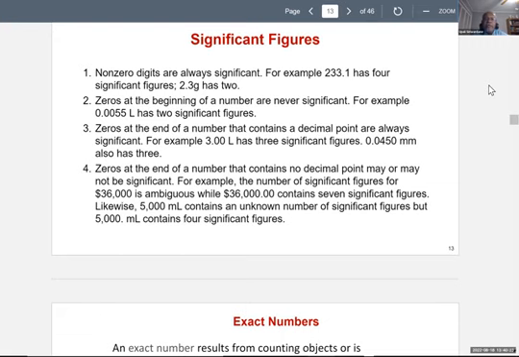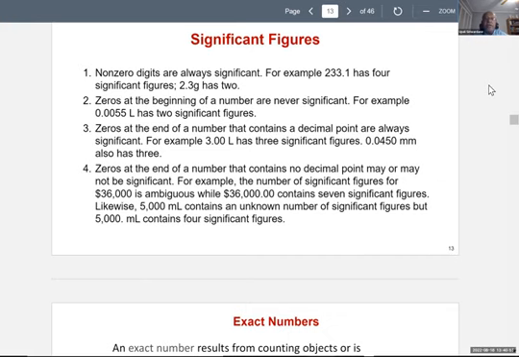Any leading zeros in a number are not significant. Do you understand? In a whole number, we don't write zeros. In decimal numbers, we have to use zeros to show the placement of the decimal point. Okay, leading zeros are not significant. You understand that?